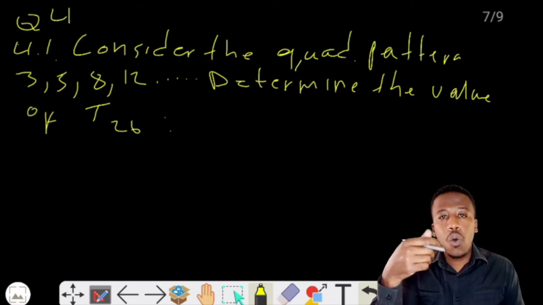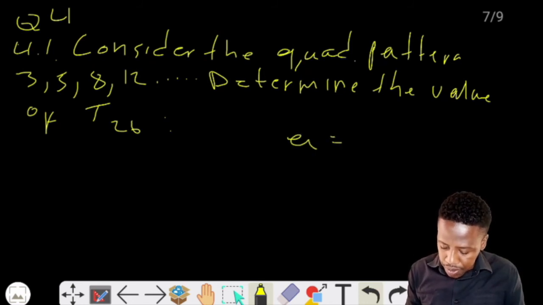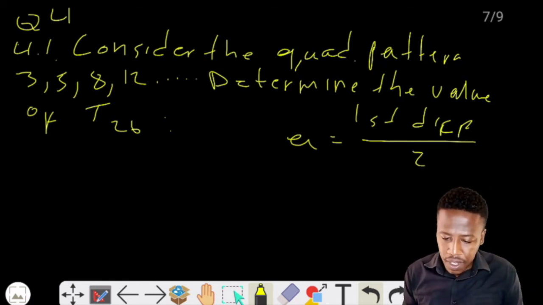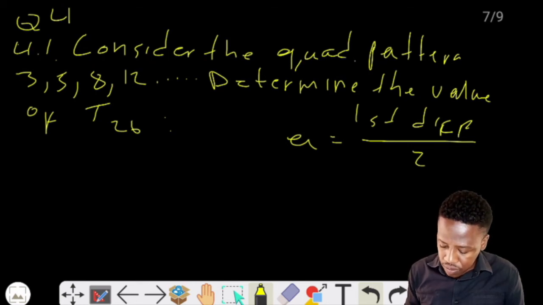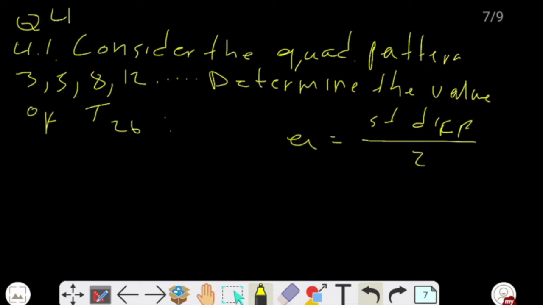When we deal with a quadratic sequence, your A will be the second difference divided by 2.